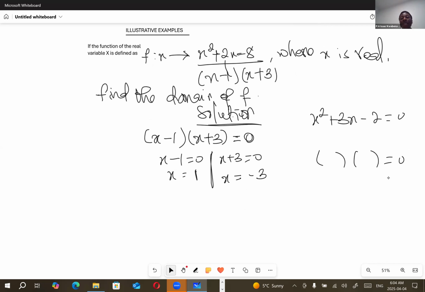So first equate the denominator to 0. When we equate to 0, it gives you some values. Now, this is a function. It has variable x. What the variable means is that you can think of any number.